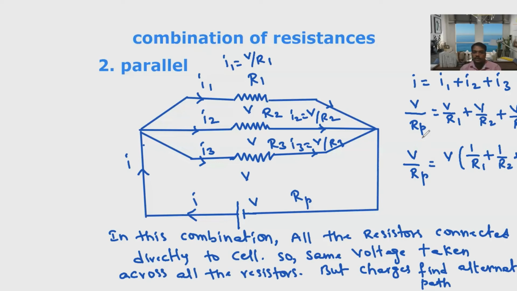It makes the final expression: the reciprocal of the resultant resistance of the parallel combination is 1 by R1 plus 1 by R2 plus 1 by R3.